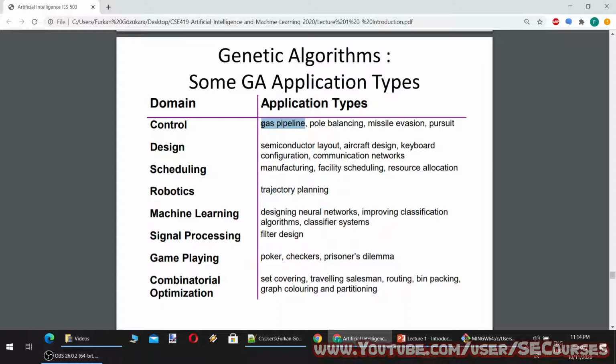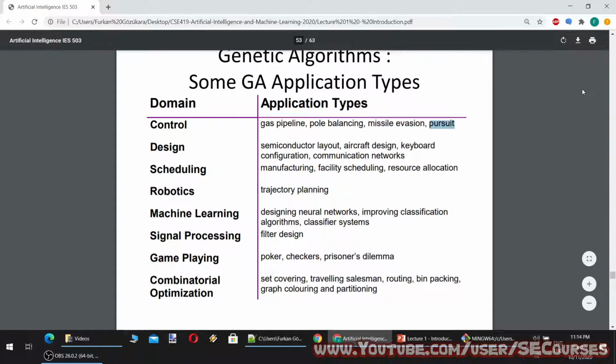You calculate how much gas you need to provide to the system based on perhaps the previous data. Pole balancing, missile evasion, how to evade a missile. You control the direction of your craft, or pursuit of, let's say, an autonomous vehicle design.